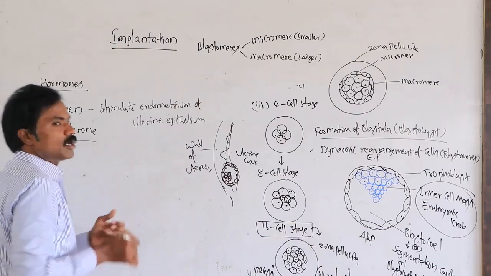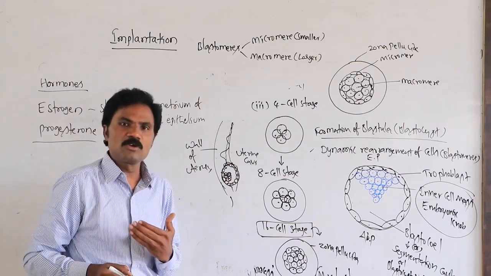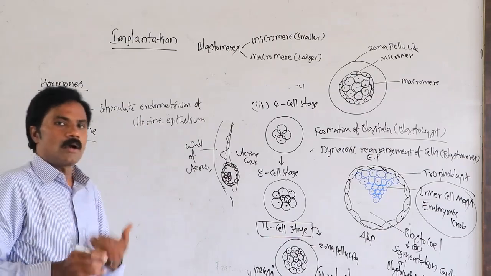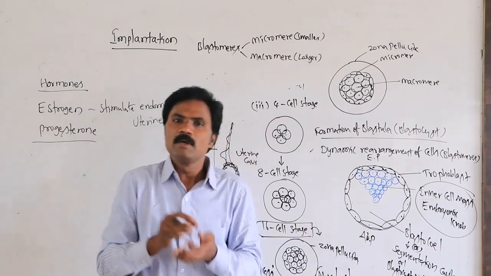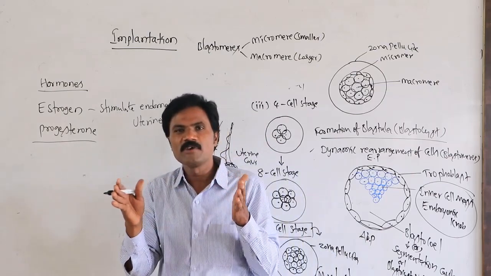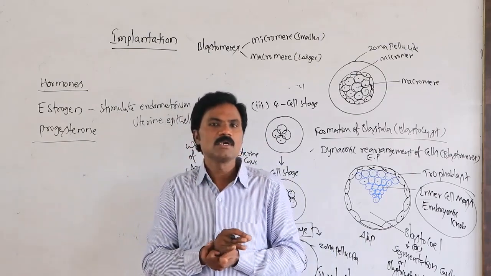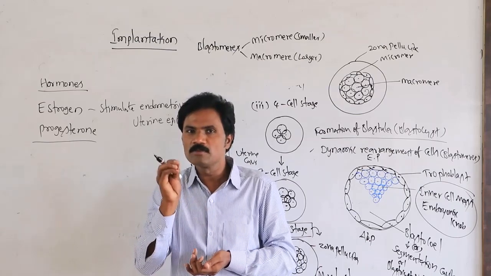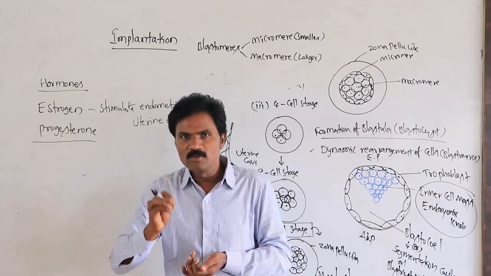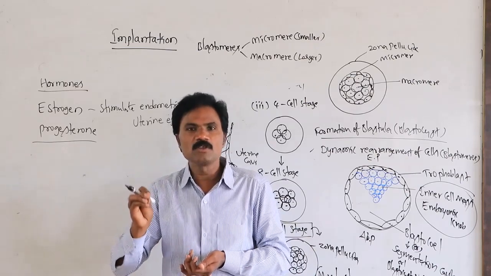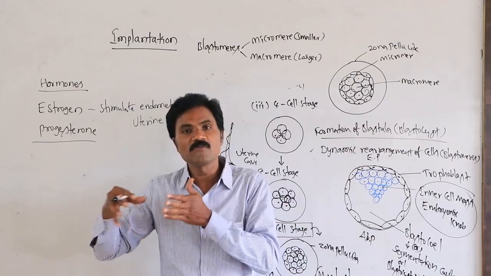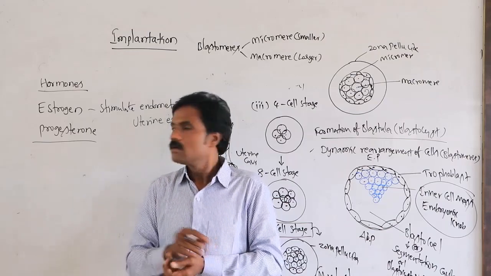Then progesterone, by whom will these hormones be secreted? This progesterone is secreted by the corpus luteum, the temporary endocrine gland. That means the ruptured Graafian follicle we call the corpus luteum. This corpus luteum secretes progesterone. So whenever fertilization takes place and the menstrual cycle stops, the corpus luteum persists for a long period of time.